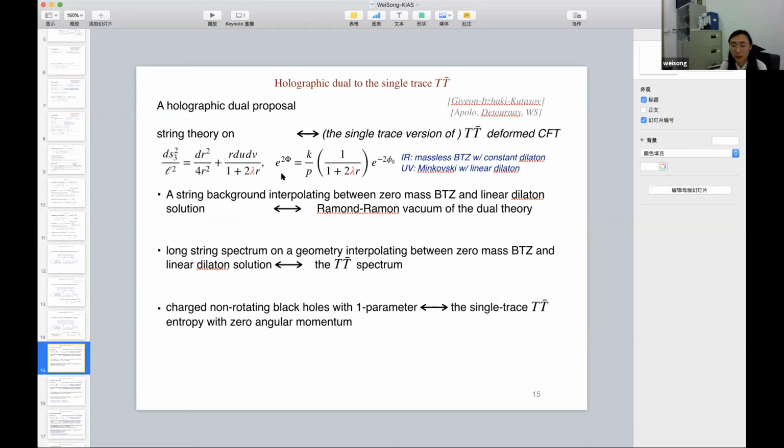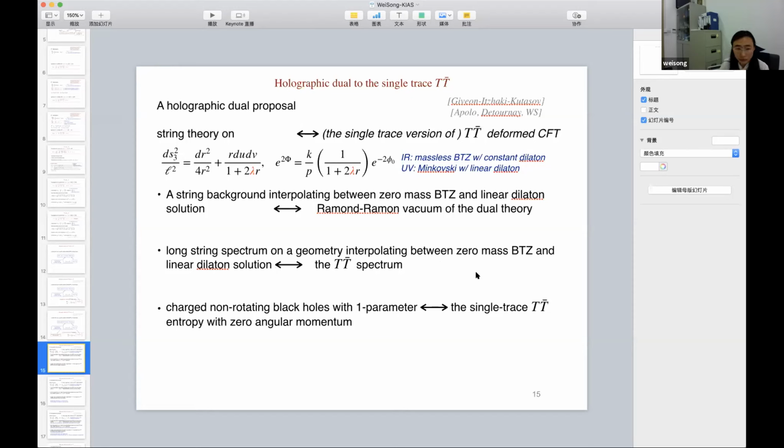And one can see very explicitly that this deformed spectrum indeed agrees with the TTbar deformation spectrum. One can also show that certain black holes can be constructed, and their thermodynamics can be matched to the TTbar deformed field theory.